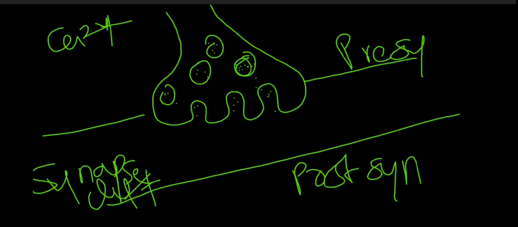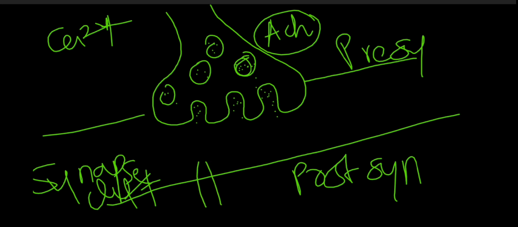The vesicles fuse at the presynaptic membrane like this, and it will release a neurotransmitter. This neurotransmitter is known as acetylcholine. There are many such neurotransmitters, but let's see this one.